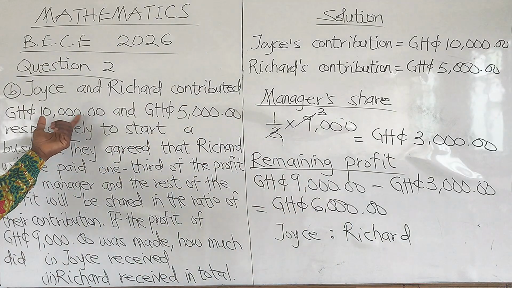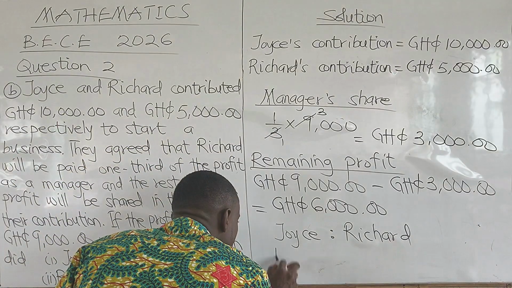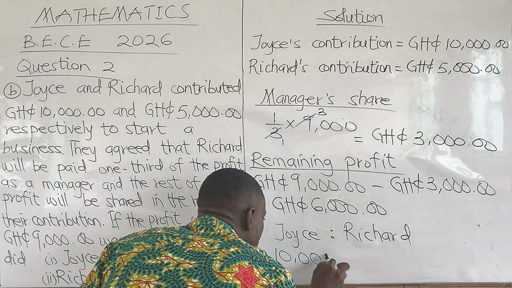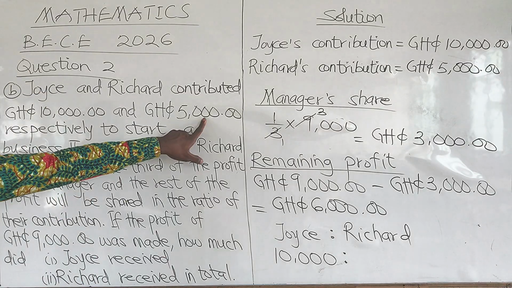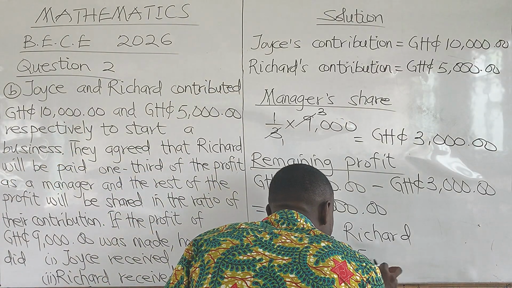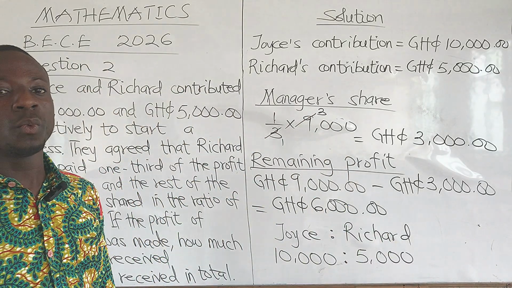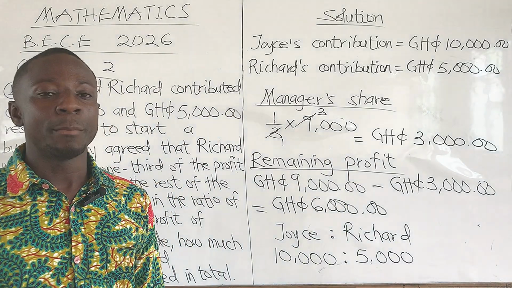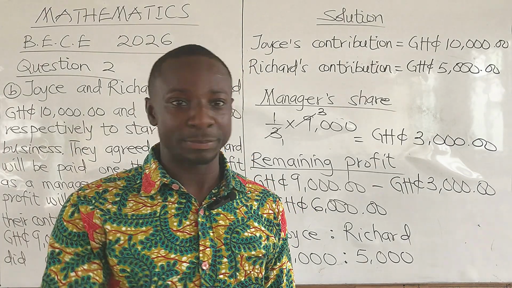Now, Joyce contributed 10,000. And Richard also contributed 5,000. And from here, we need to break it down, because ratio is always written in the simplest form.